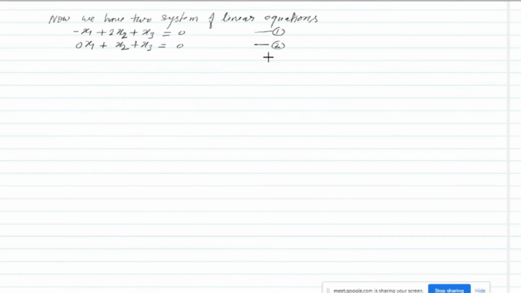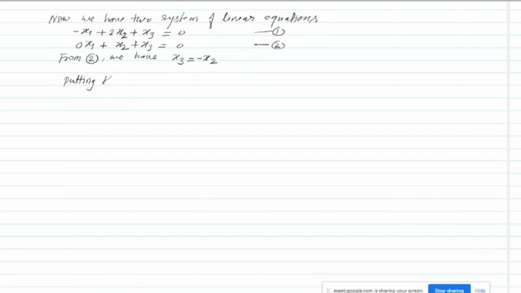Now start solving equations 1 and 2. From equation 2 we have x3 is equal to minus x2. Now put x3 in equation number 1.